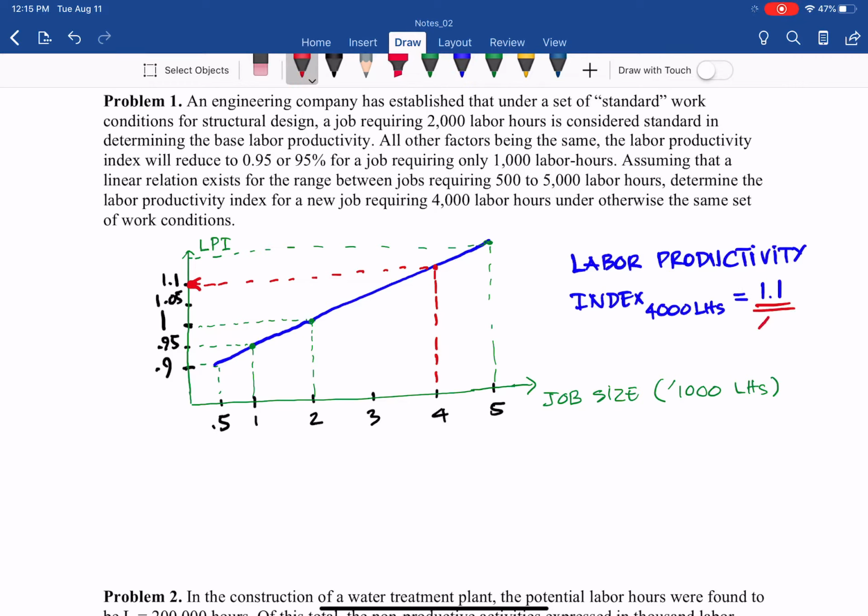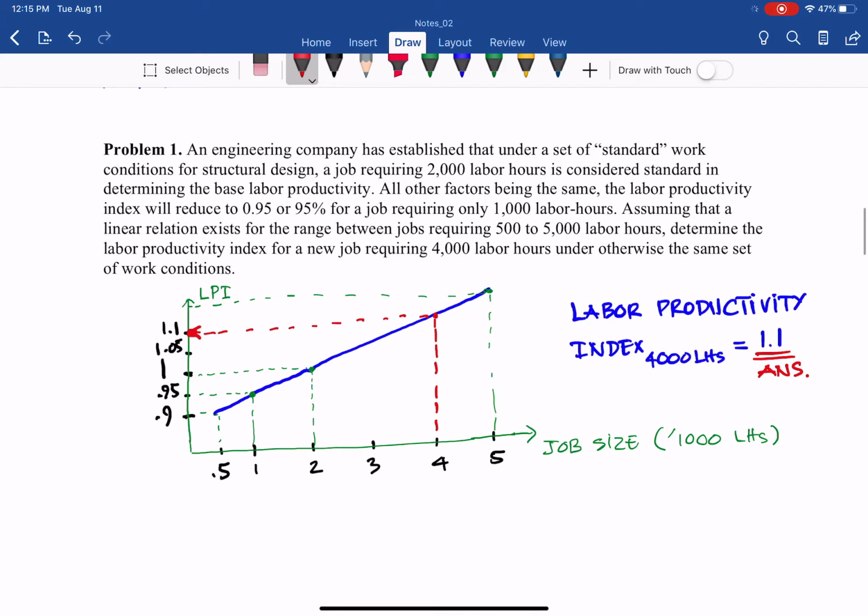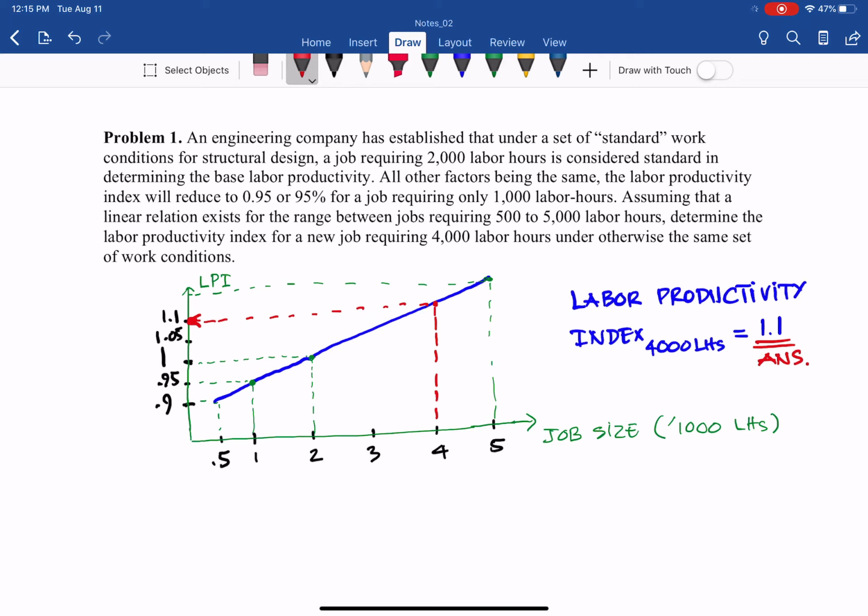So when we estimate this project, whatever productivity labor hours you may consider, you can reduce the budget to make your bid more competitive. So why job size? Basically, it is the economy of scale that you have.